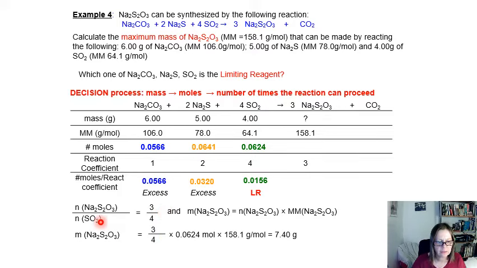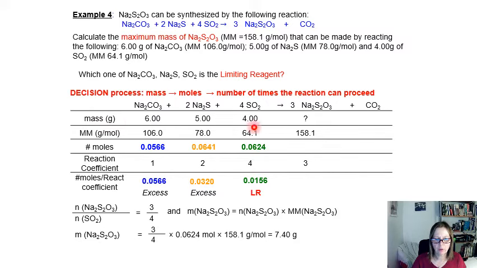So the mass of sodium thiosulfate that is produced is 3/4 times the number of moles of sulfur dioxide introduced in the reaction, that's our limiting reagent, times the molar mass of sodium thiosulfate. And the answer is 7.40 grams.